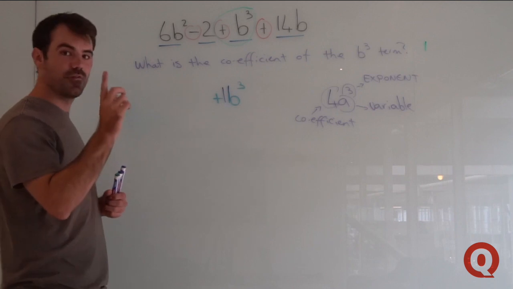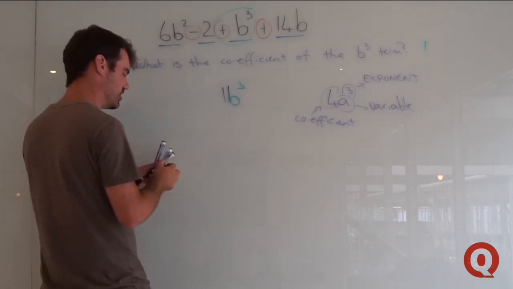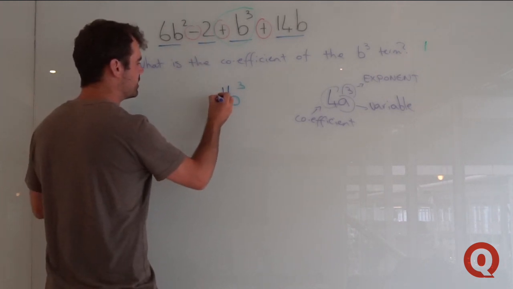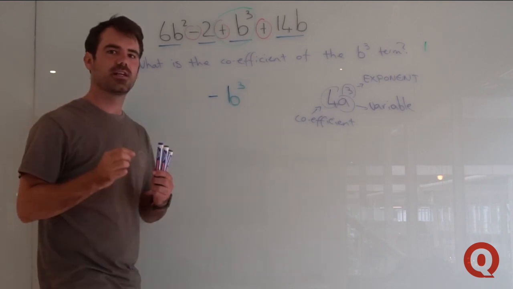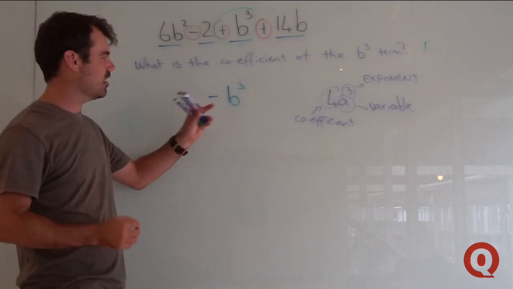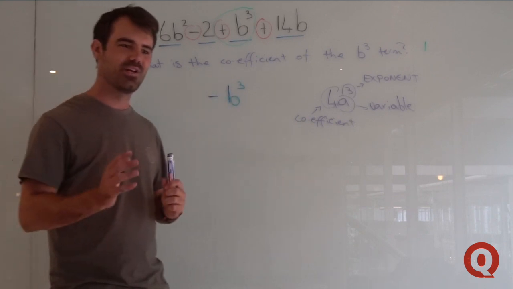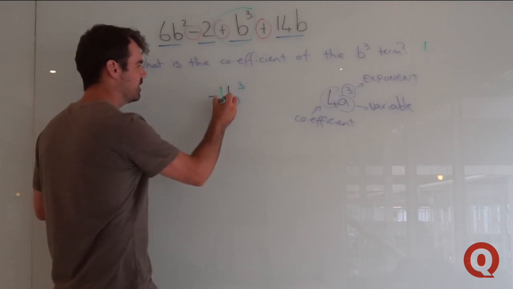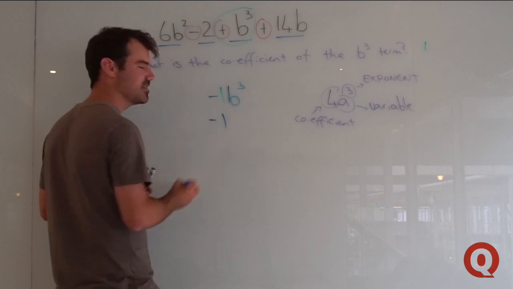But for example, I'm making up an example again, if this sign over here was a negative b cubed, lots of learners get really stuck on this and they go, oh, Michael, the coefficient of this b cubed term is 1. No, it's not. The coefficient of this b cubed term is actually negative 1, alright? So we have to write the answer as negative 1.